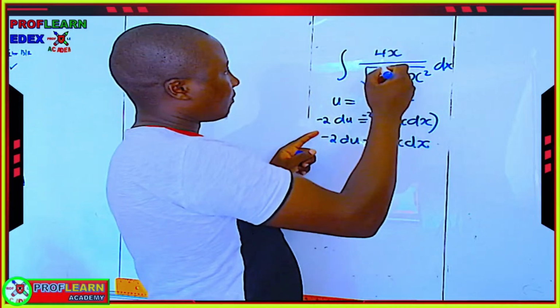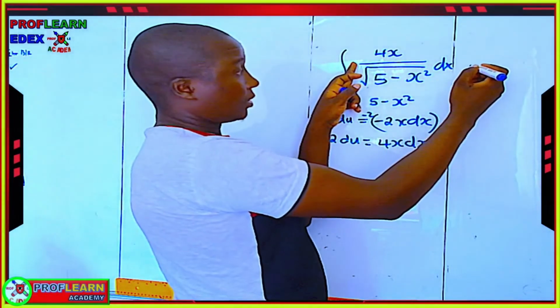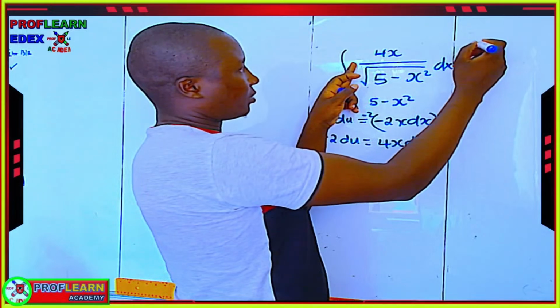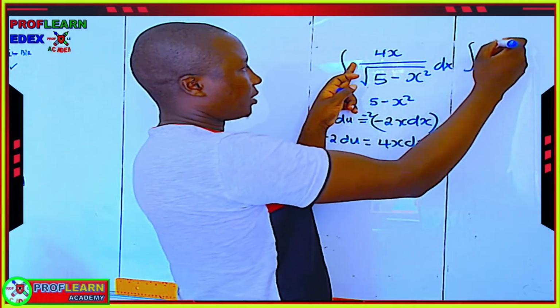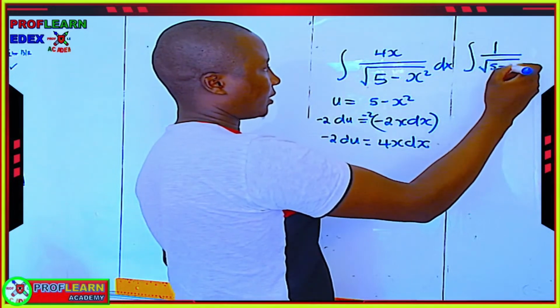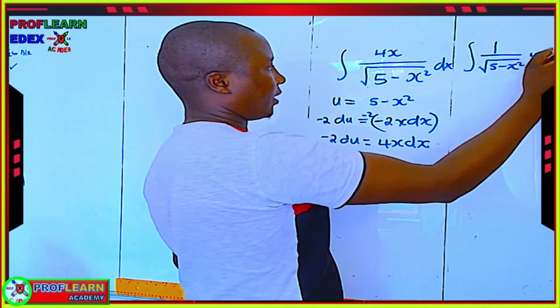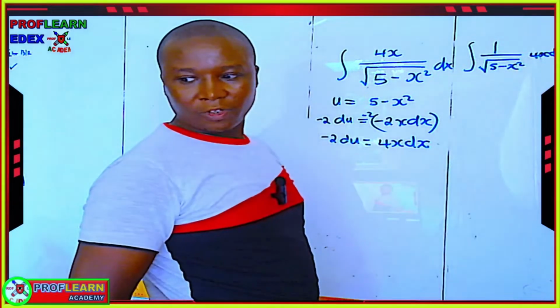So with this expression that I have at this point, let me show you what I want to write. It will be written as 1 over root 5 minus x squared, 4x dx.